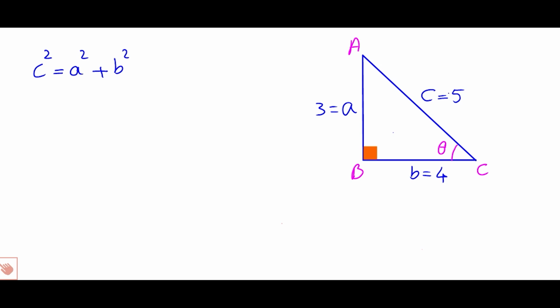And we know that this is a special triangle. There are some other special triangles.